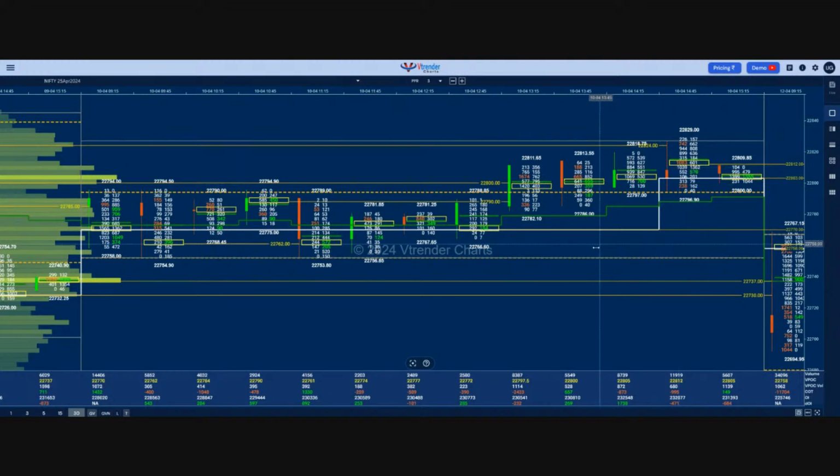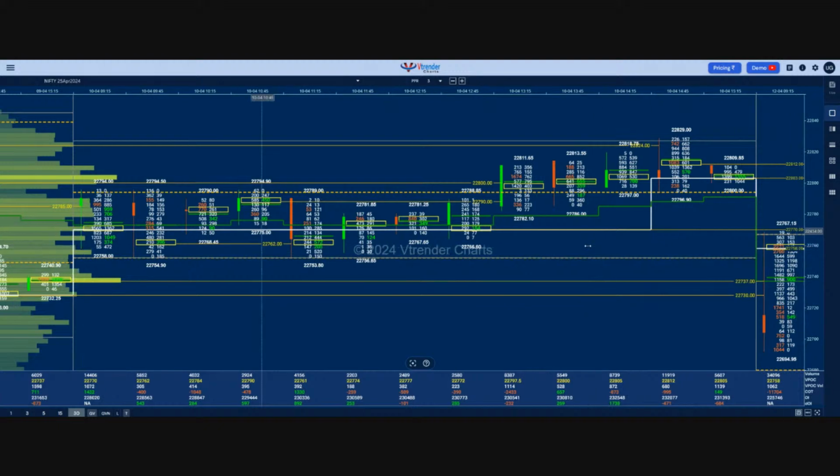So they also did not give way to the buyers. We closed in a very narrow range on that day with the POC at 22805. So we were having this 22824 as our reference on the upside and 22751 as the reference on the downside.